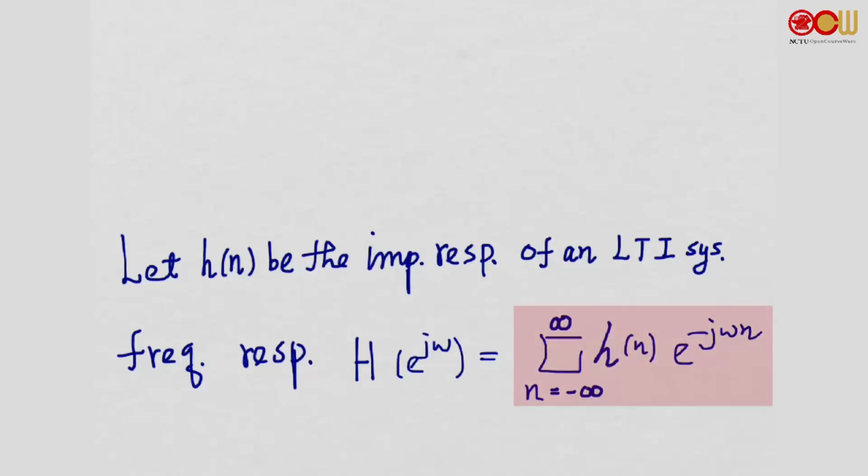Now, if we use this same formula, but we plug in an arbitrary sequence x[n], not necessarily an impulse response, then what we get on the left-hand side is what we call the spectrum of the sequence.